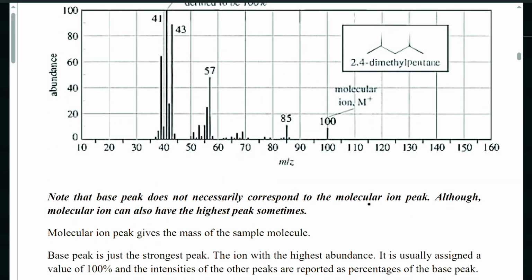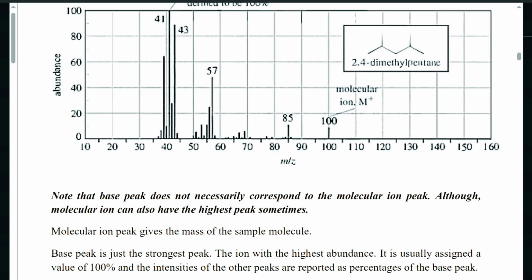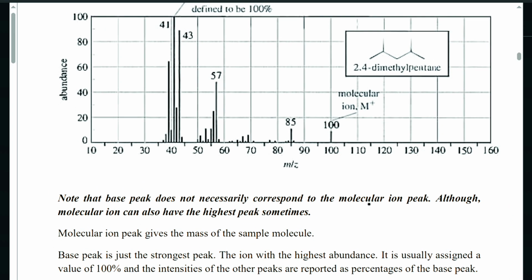Note that the base peak does not necessarily correspond to the molecular ion peak. So this is the molecular ion peak, and this one, the highest peak here, is the base peak, right? The highest peak here, the one with 100, is the base peak. So base peak does not necessarily mean a molecular ion peak, and we don't always see that.